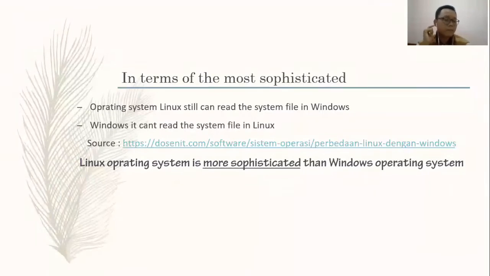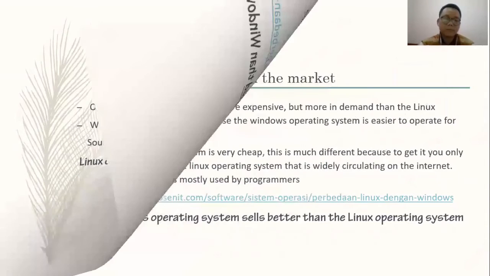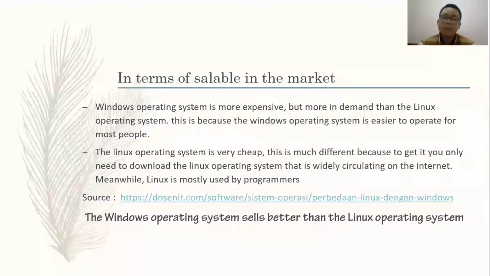Next. In terms of sellability in the market, the Windows operating system is more expensive but more in demand than the Linux operating system. This is because the Windows operating system is easier to operate for most people. The Linux operating system is very cheap.